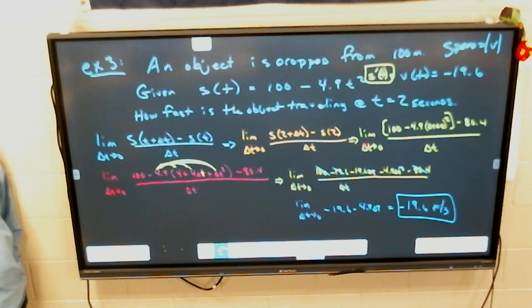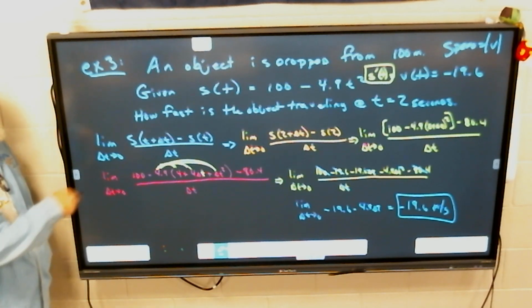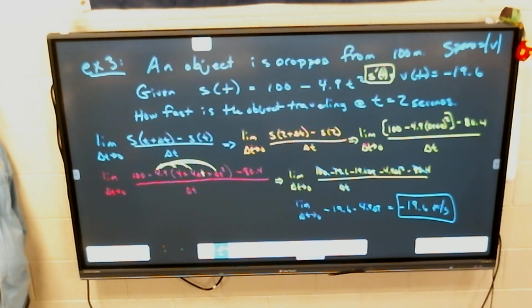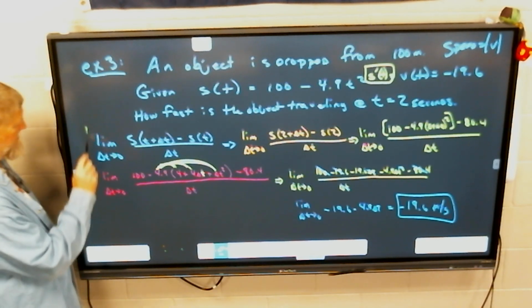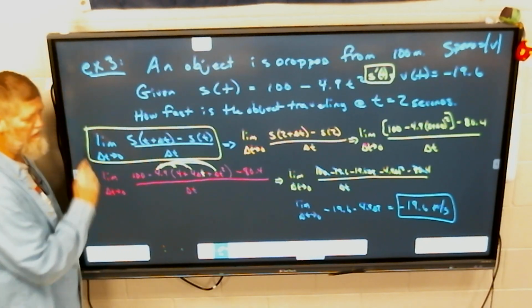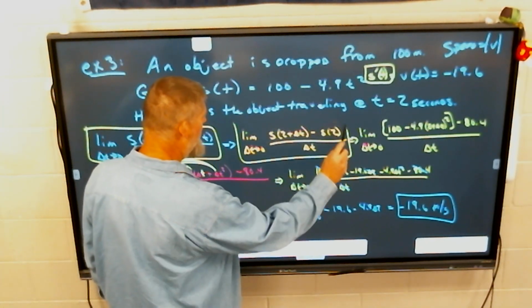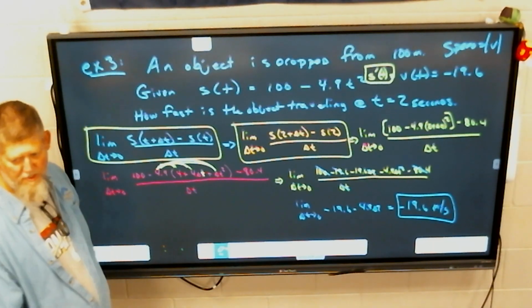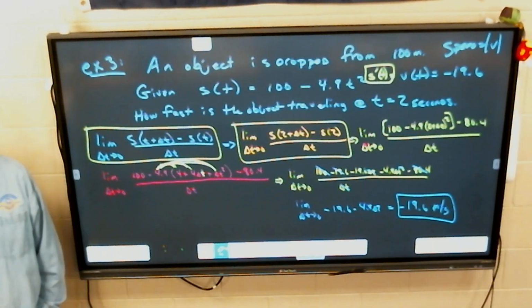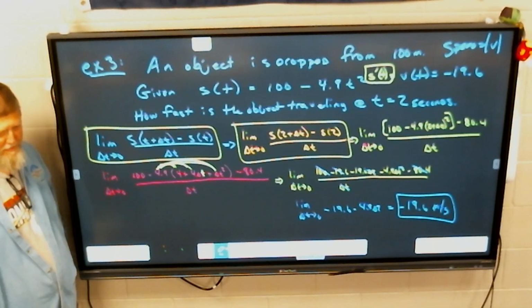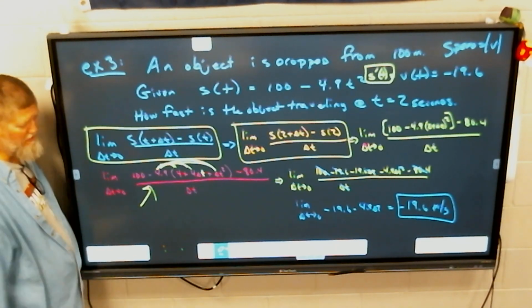So you tell me real quick, reflect on this a little bit. What's the difficult part of this process? Algebra. Is setting this up difficult? No, you should have that one memorized, right? Is plugging this in difficult? It can be. The algebra. Those of us who have weak algebra skills, that's going to be your challenge right there.